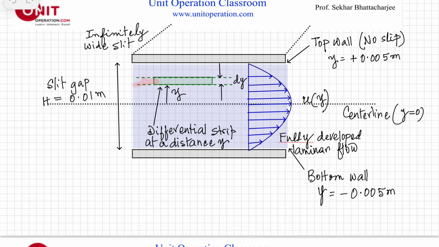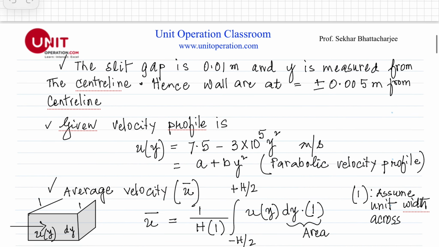The velocity is u, so the flow rate is u times dy times 1, because that is the area and u is the velocity. So it is u times dy into 1.